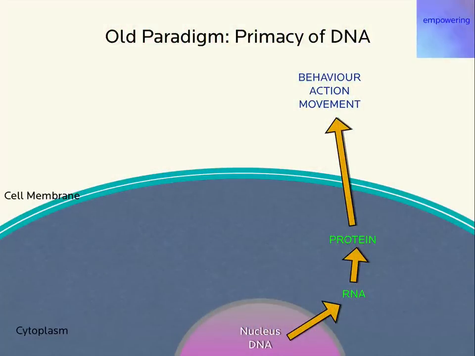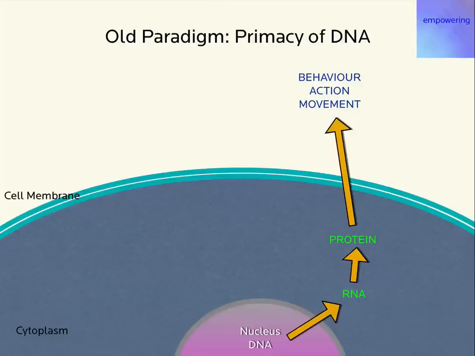the nucleus, from the DNA, technically speaking. So in the old paradigm, the biologists were talking about the primacy of the DNA. All our behavior, all of our actions and movement were based on proteins that basically were determined by the DNA code in the nucleus. And people at the time thought that the nucleus was the brain of the cell.